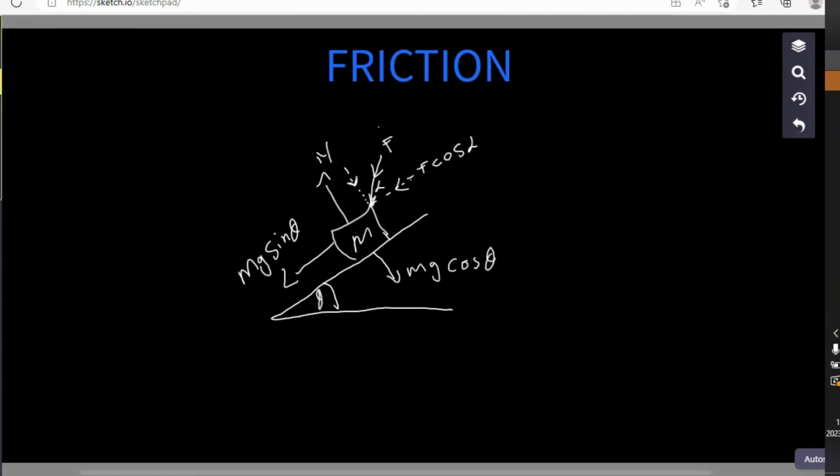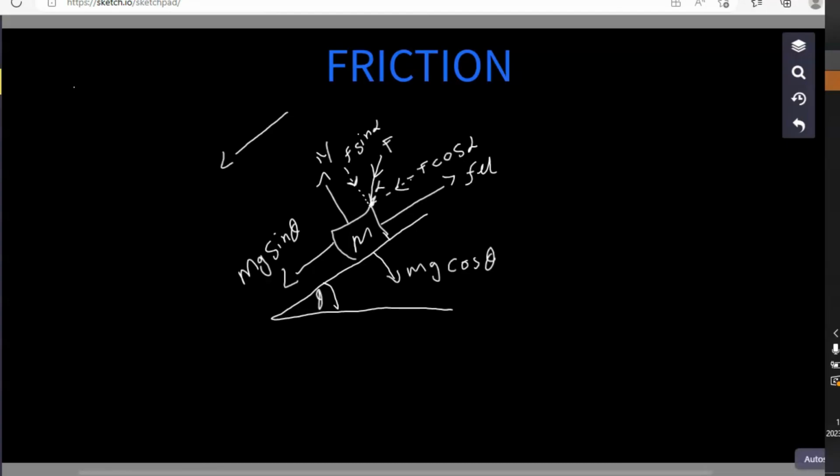We are also going to have F sin alpha. And then, because the force is applied, the force applied will cause the motion to be in that direction. We are then going to have the frictional force in that direction.